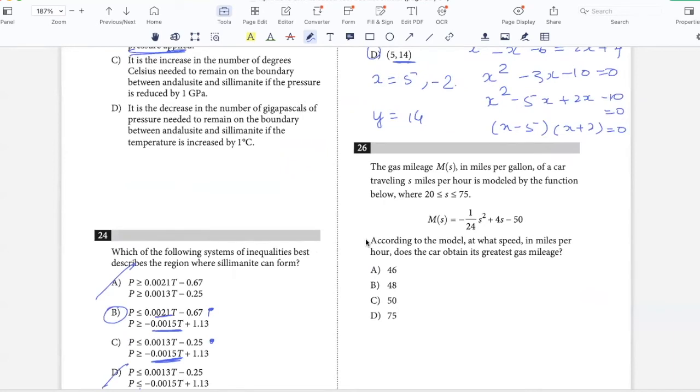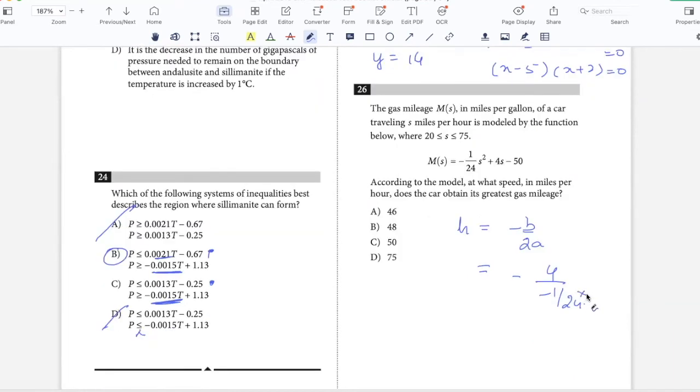Okay, so we have to find the x coordinate of the vertex, and that's minus b by 2a. So that's minus of 4 by minus 1 by 24 into 2. So that becomes 4 into 24 by 2. So that is 48. So at a speed of 48, we get the greatest mileage.